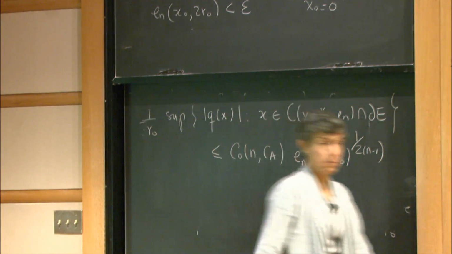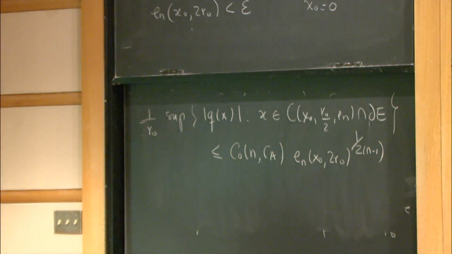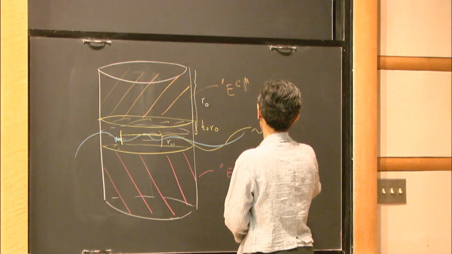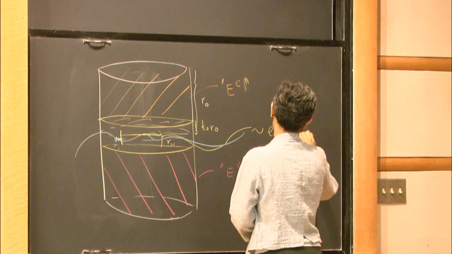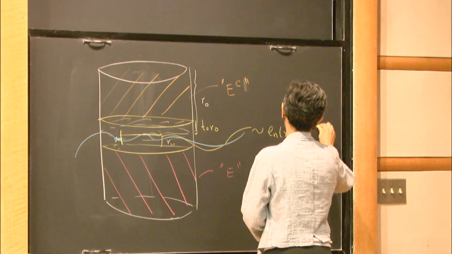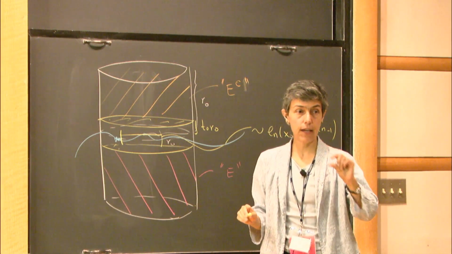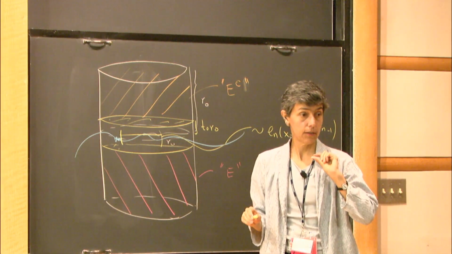So this is telling me that if I started with a small oscillation, this thing didn't do wild things. In fact, in my smaller cylinder, I know exactly what this height is. And the height here is comparable to E_n of x naught, 2R naught to the 1 over 2(n minus 1). So I have a very, very precise estimate.